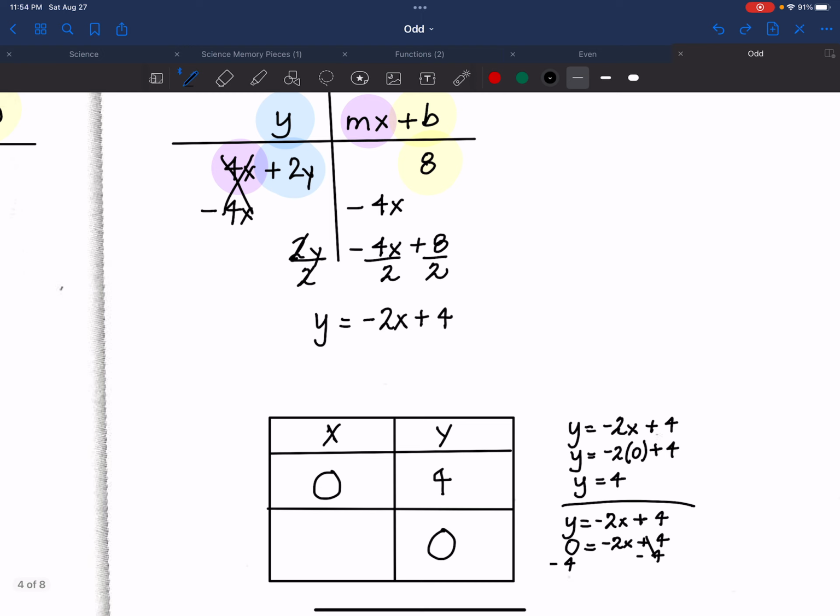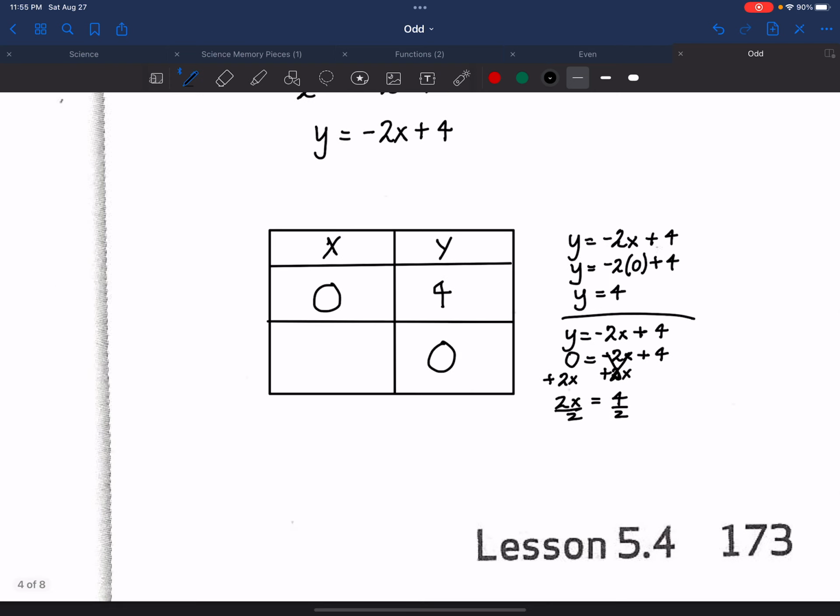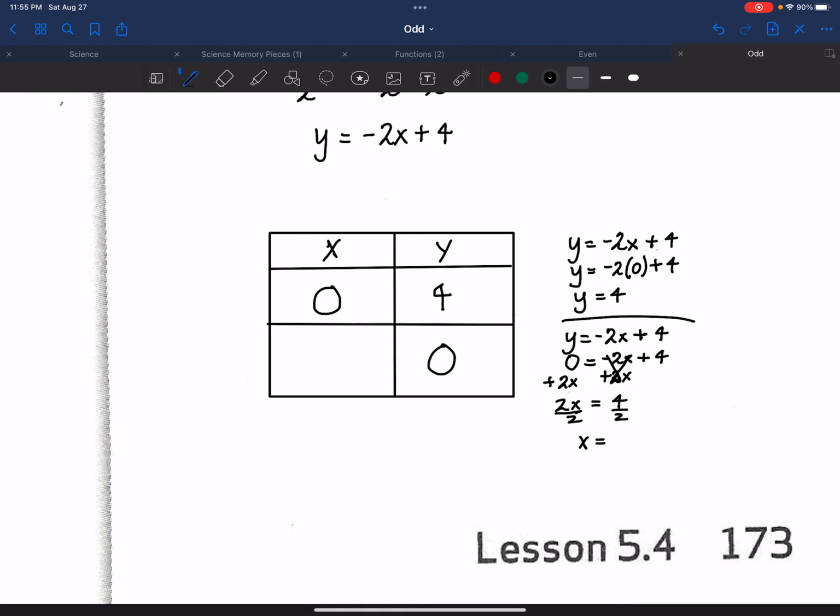Actually, no, I'm sorry. I need to move the x. So I'm going to add 2x to both sides and cancel. So I'm left with 2x equals 4. Then divide by 2 so that you isolate the x and you get a 2. So 2, 0.